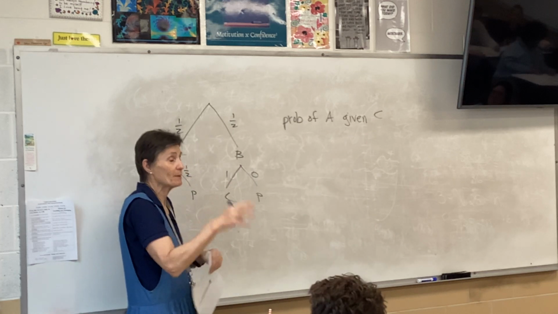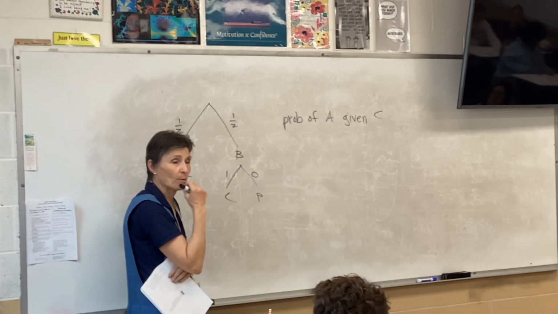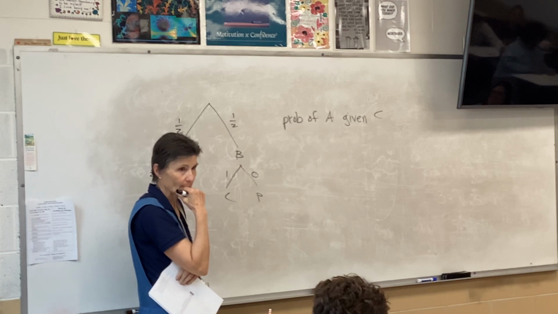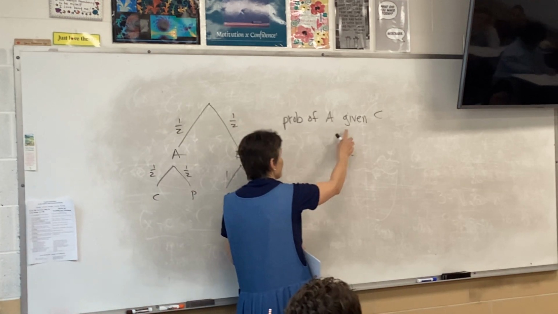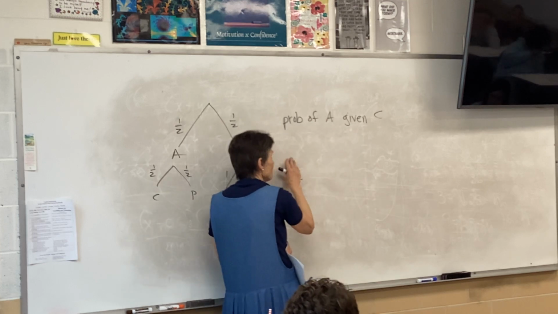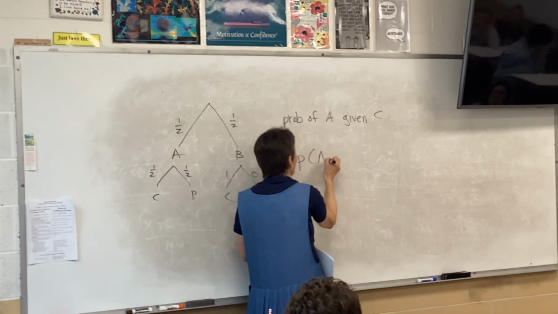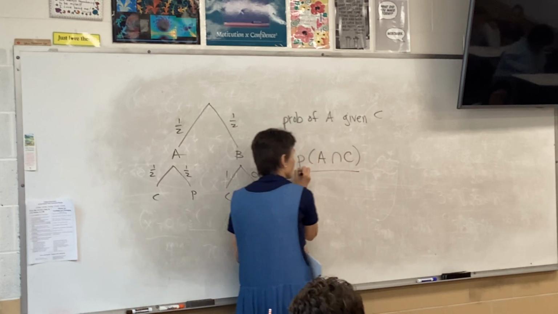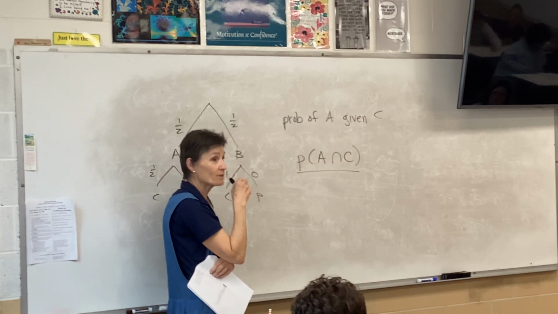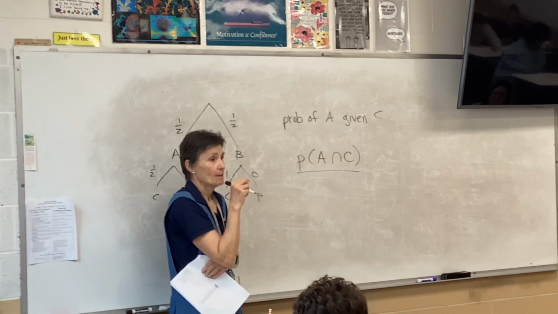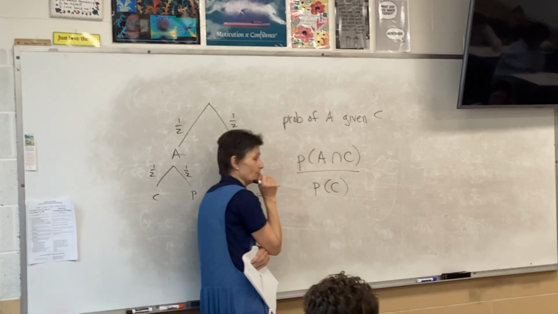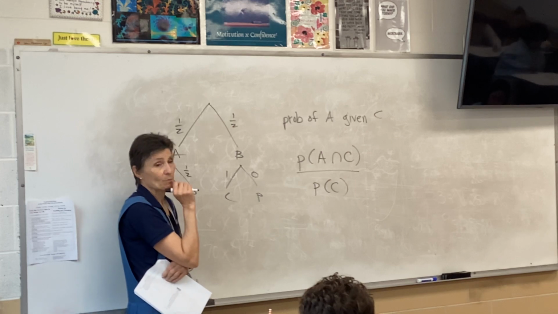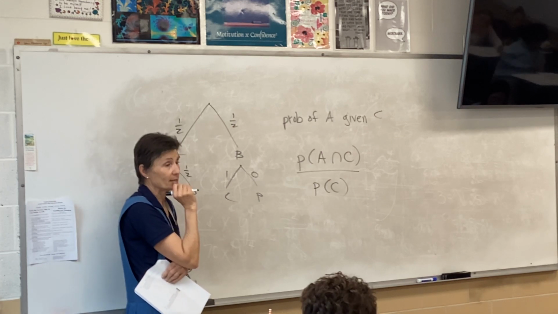So given that I picked a chocolate chip cookie, what's the probability it came out of jar A? Okay, so here we go. The formula for this, called conditional probability, is the probability of both A and C divided by the probability of C. I don't think that's what I did yesterday. That's what I need to do.